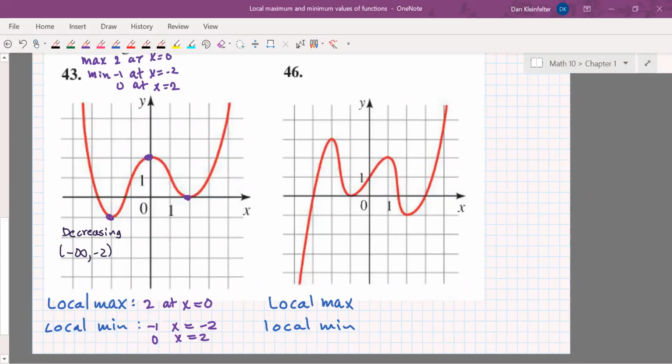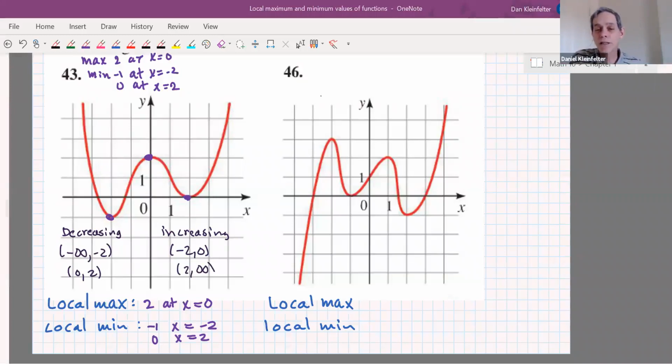And then it'll come down again as x increases from 0 to 2. And then basically it's increasing everywhere else. It's increasing as x varies from -2 to 0. And then it'll be increasing again as x increases from 2 to infinity.